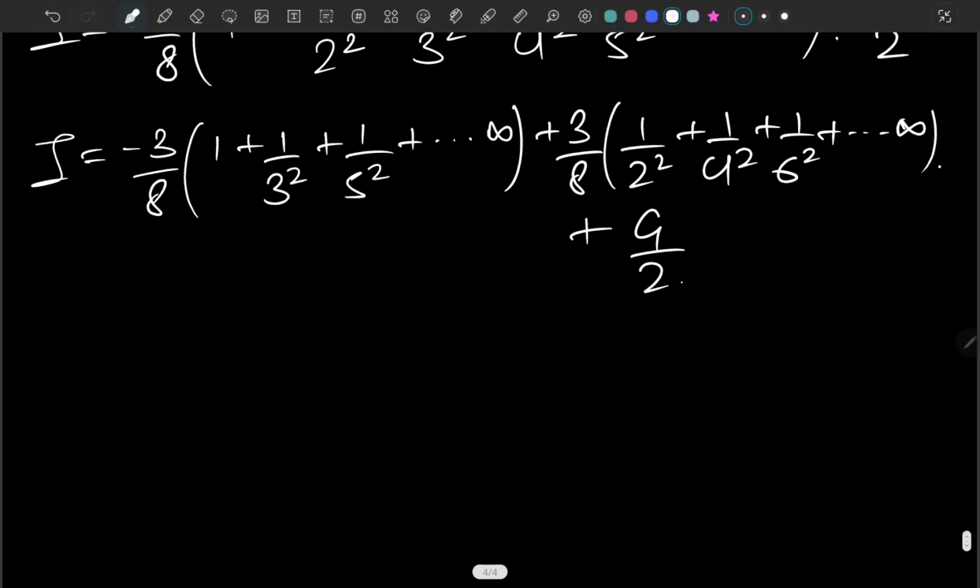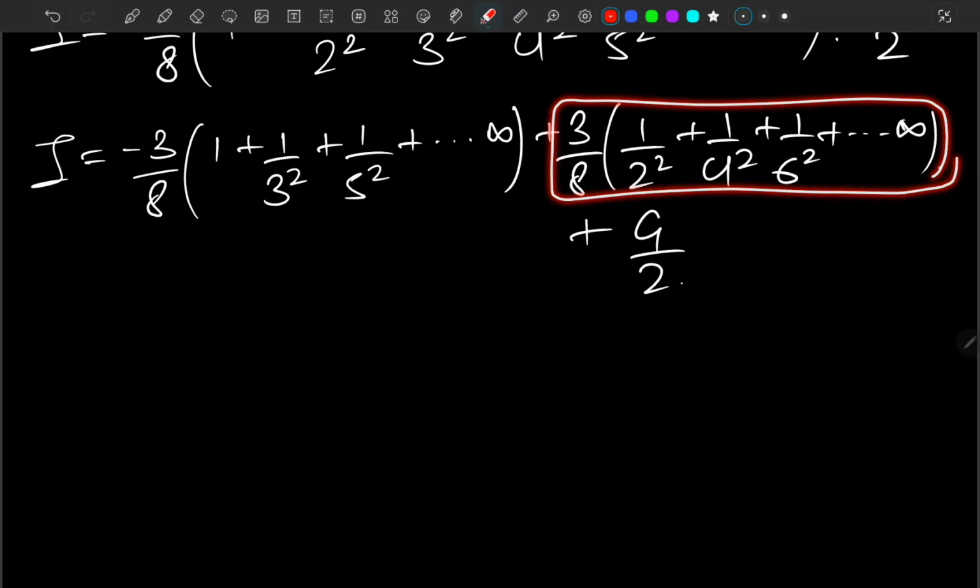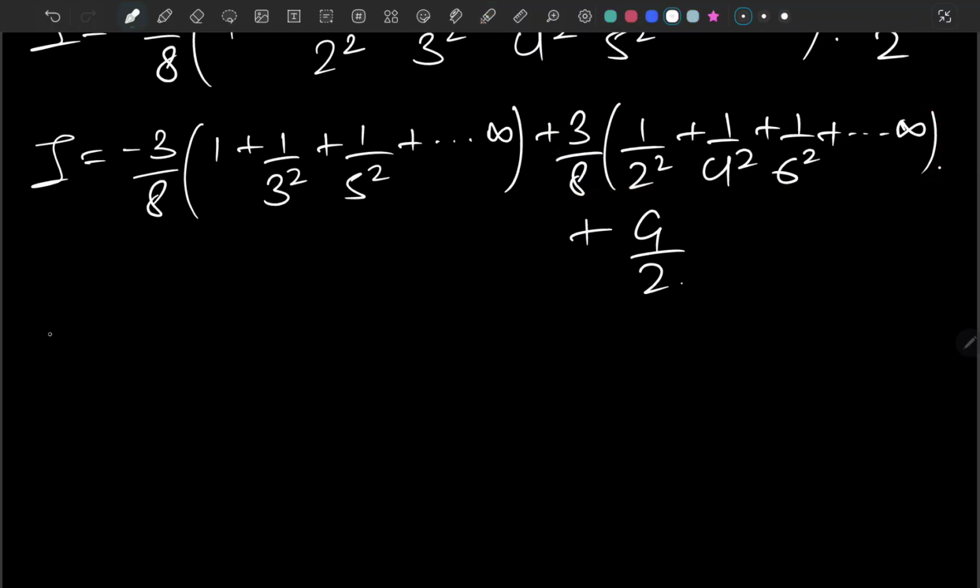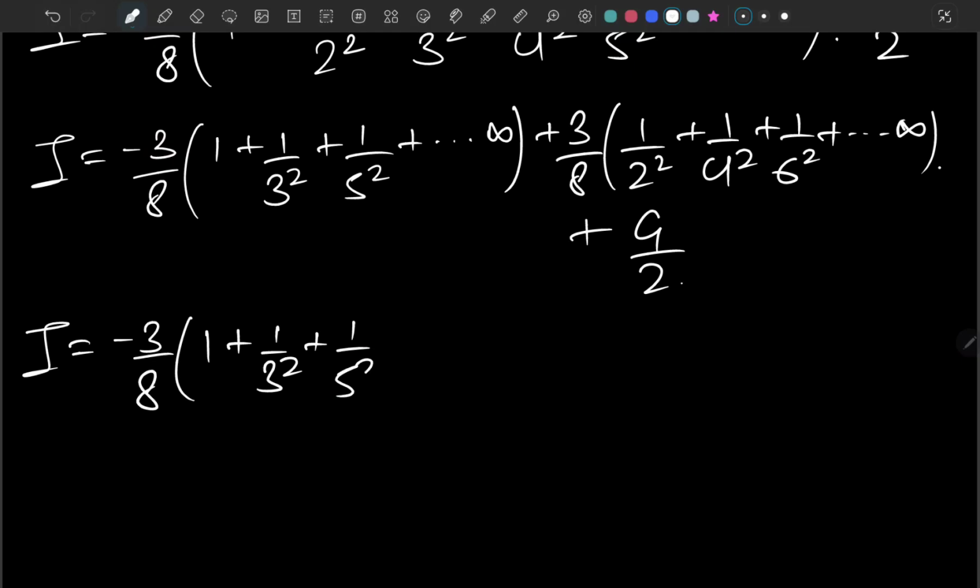Okay, now let's do a manipulation again for this one. Let's talk about this one here: 1 over 3 squared, 1 over 5 squared, and dot dot dot to infinity.